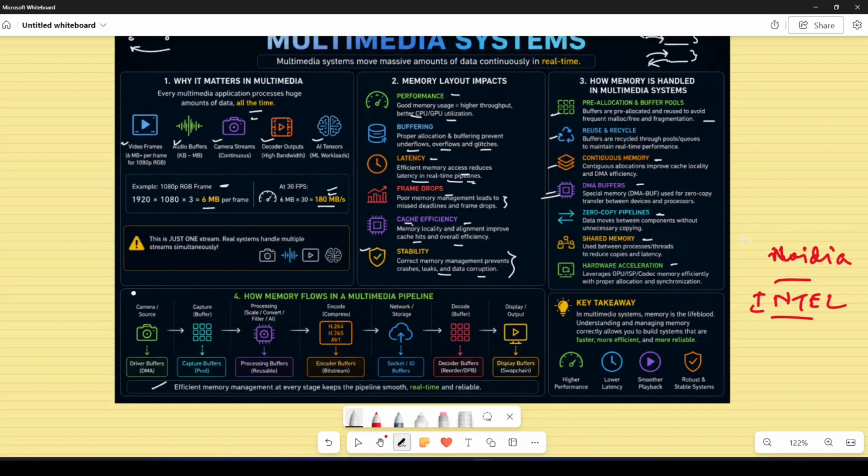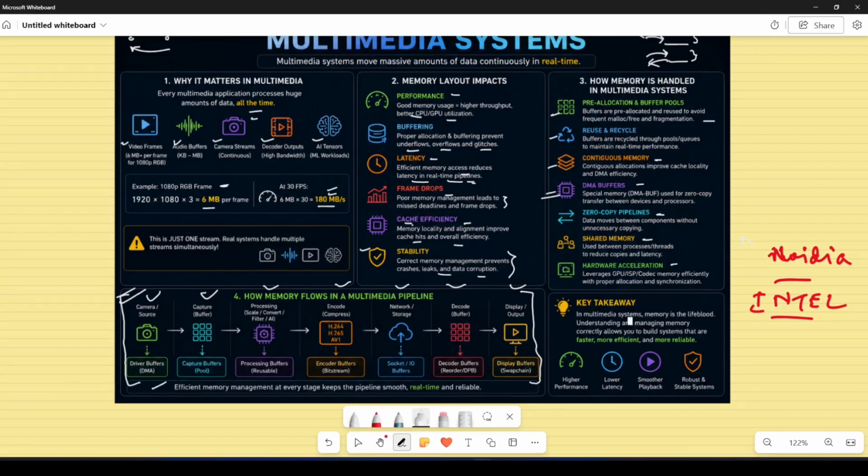These form a basic multimedia pipeline, how data flows. So everywhere data has to be efficiently handled, efficiently encoded, efficiently decoded, efficiently transferred. Then only the whole pipeline will be in a state where real time processing can be achieved and data loss can be avoided.